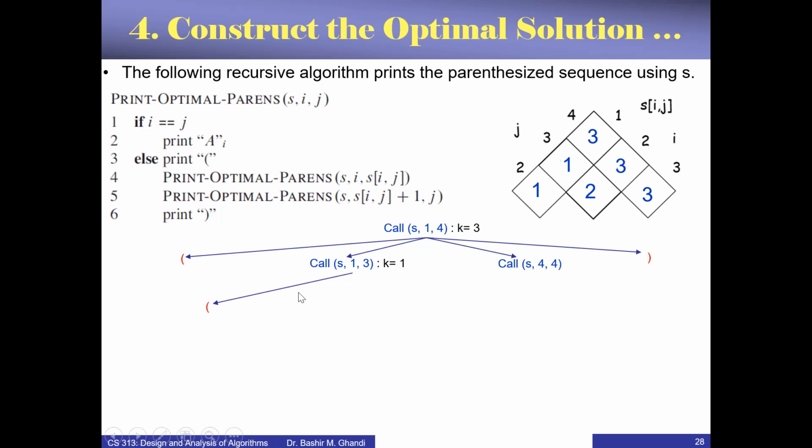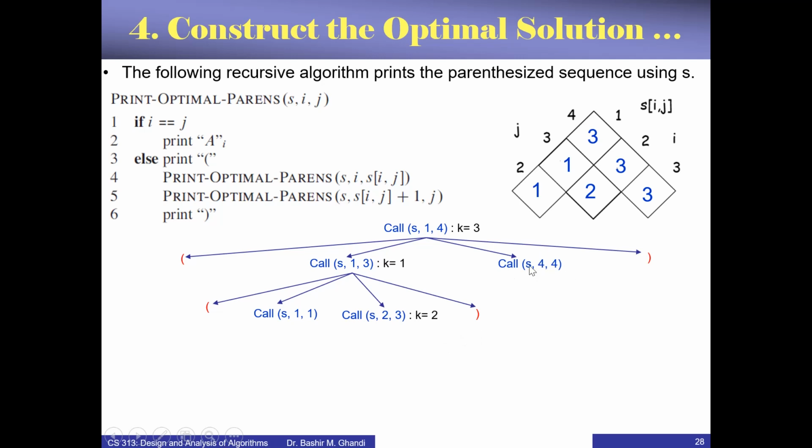Then it will call until k, so 1 to 1, and then it will call from k plus 1 to 3, so basically 2 to 3. The value of k at 2 3 is 2. We're going to need it for the next call. So 2 3, as you can see, is 2. Finally, it will do the last call, which will print a closing parenthesis.